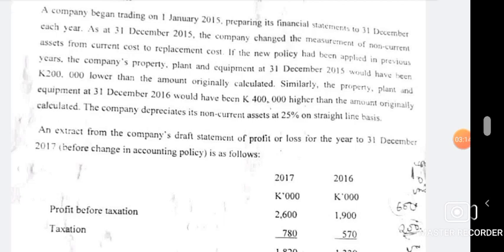So let us calculate the restated figures for 2016 and 17 as they've told us here. Profit figures as they will change. But take note that the 2015 drop in value on the non-current asset will not affect 2016. Why? When you look at depreciation, it's a one-year thing. It's a per year charge. Depreciation does not spill over and affect the next year's depreciation charge.